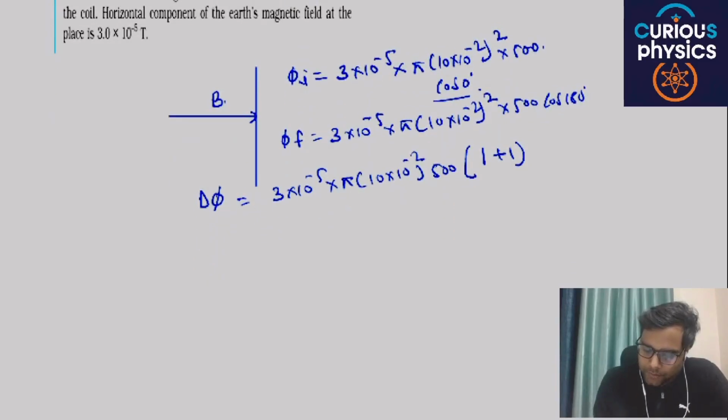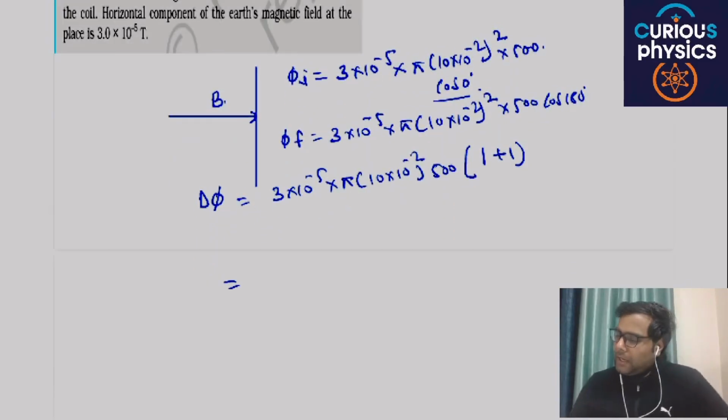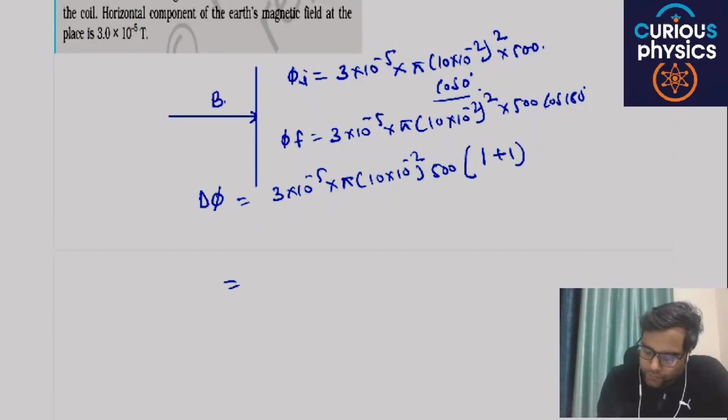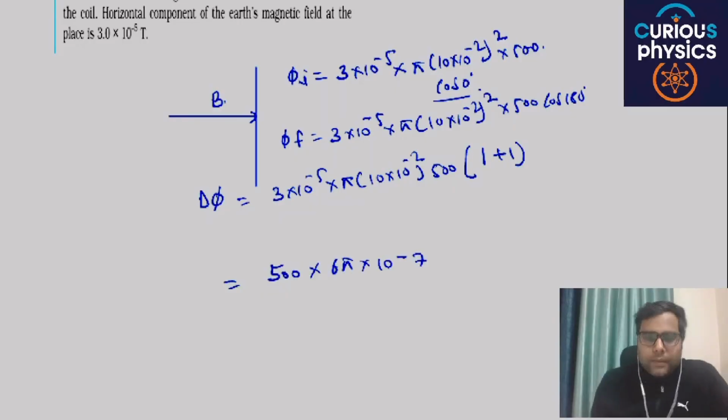The change in magnetic flux will come out to be 500 into 6 pi into 10 raised to power minus 7. This is the value of change in magnetic flux.